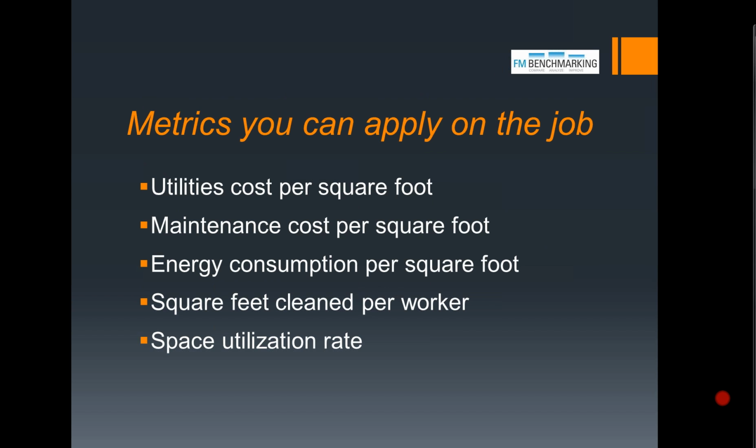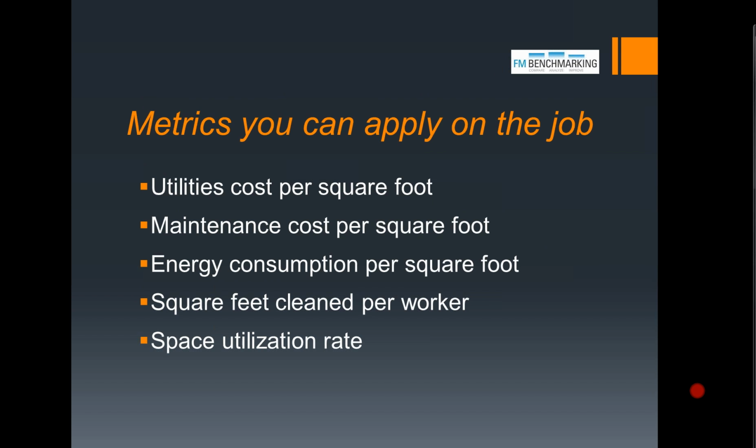And I want to point out that if you benchmark some of the key performance indices like the utilities, maintenance, janitorial, and security, yes, you'll have almost 95 to 98% of the controllable expense portfolio.